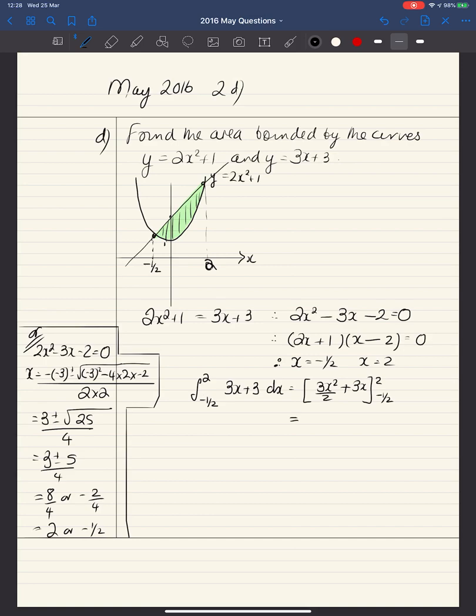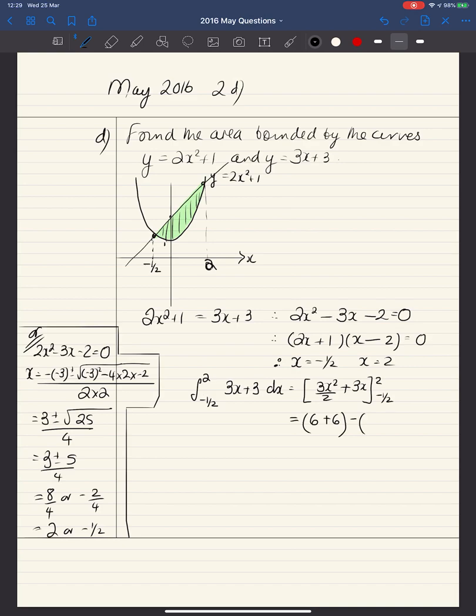x is equal to 2, so this is 3 times 4, which is 12 over 2, which is 6, plus 3 times 2, which is 6. Minus, we subtract, and we've got to put in minus a half.